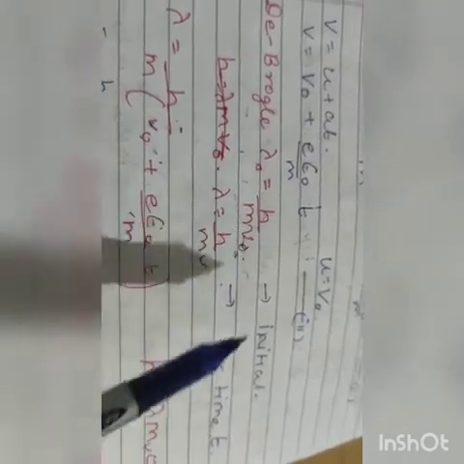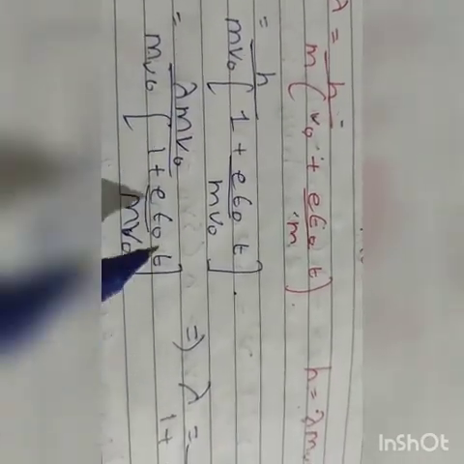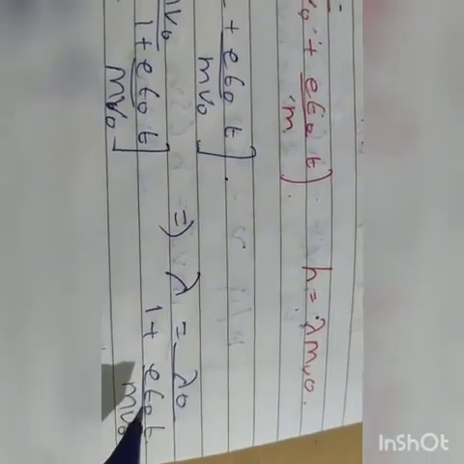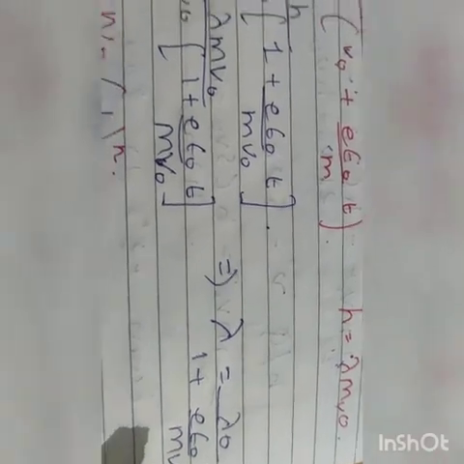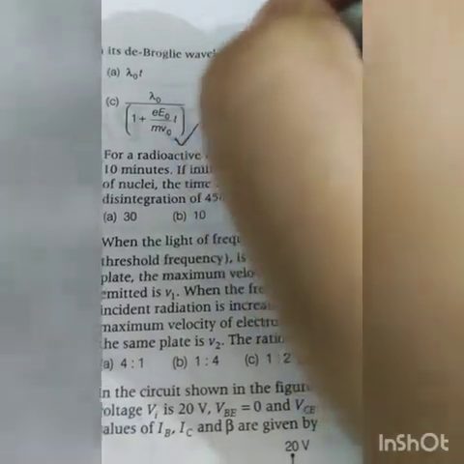From this equation it becomes this. So we will put this value also, lambda naught m v naught by m v naught into 1 plus E naught by m v naught t. So lambda is equal to lambda naught by 1 plus E naught by m v naught t. So here is our option, the third option.